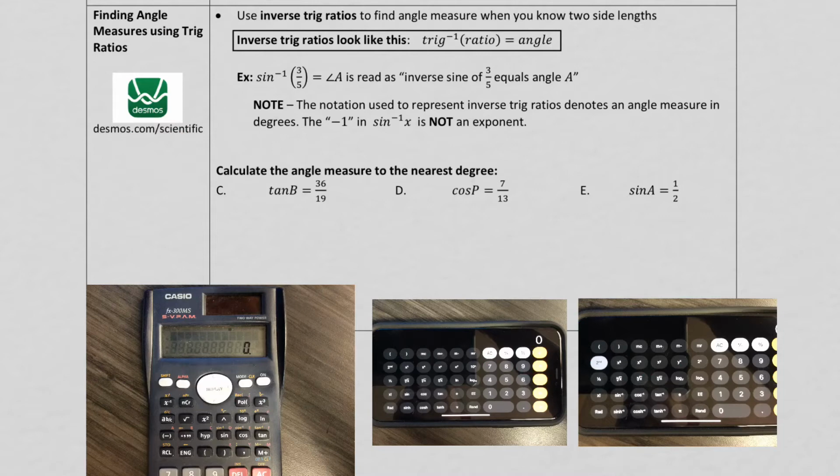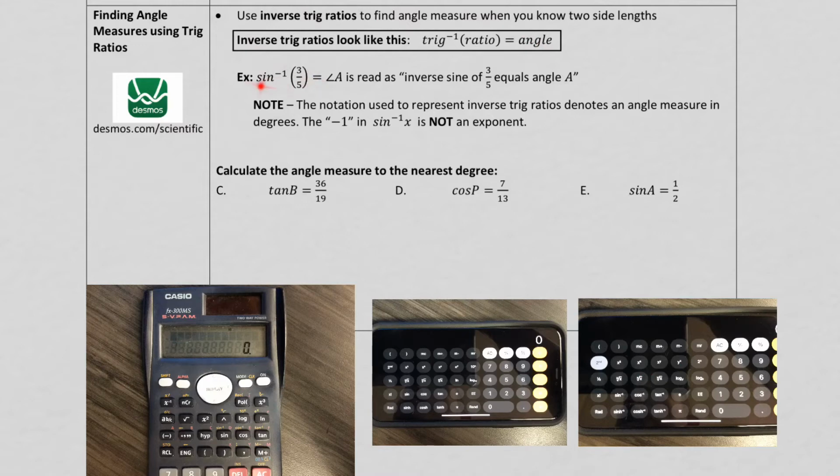So, guys, to find a missing angle using trig ratios, we have to use the inverse trig ratios. An inverse trig ratio is used to find an angle measure when you know two side lengths. So we need to have two side lengths for this to work. Structurally, it's going to look like this: a trig ratio, either sine, cosine, or tangent, with a little negative one on top, of the fraction or ratio that's going to equal the angle measure.